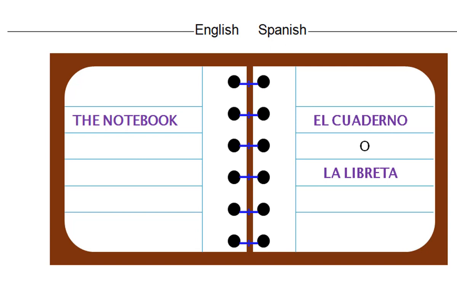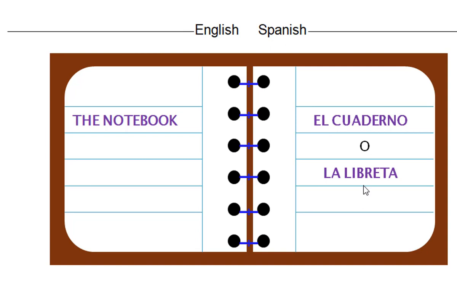Yes, the notebook is known as cuaderno or libreta in Spanish. So cuaderno, as we see, is a masculine noun. The word ends with O. So when we want to say the notebook, and we are talking about one object, it will be el cuaderno, el cuaderno.